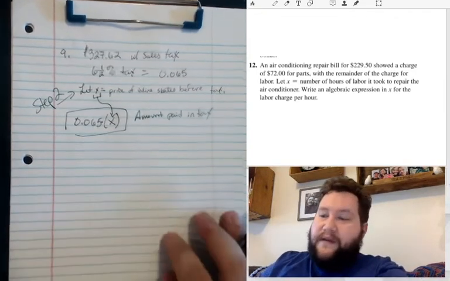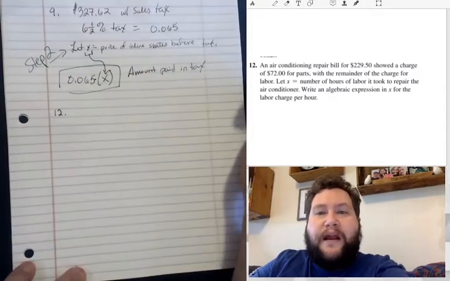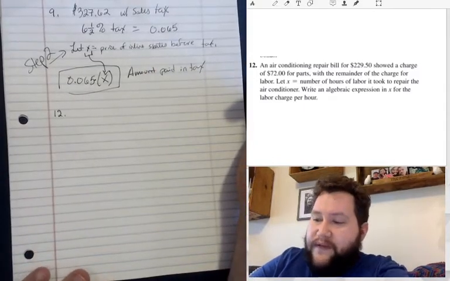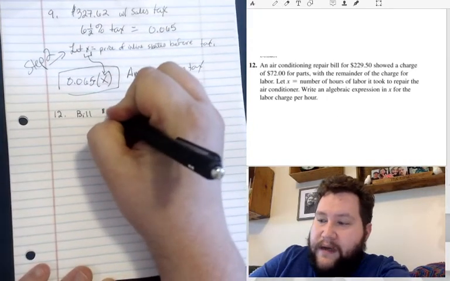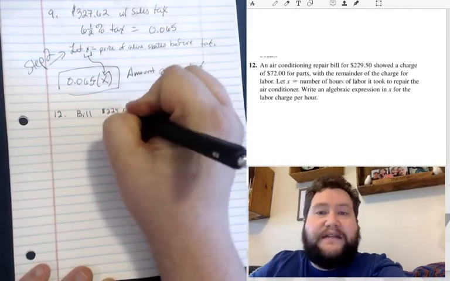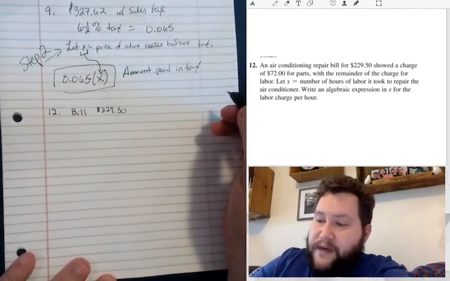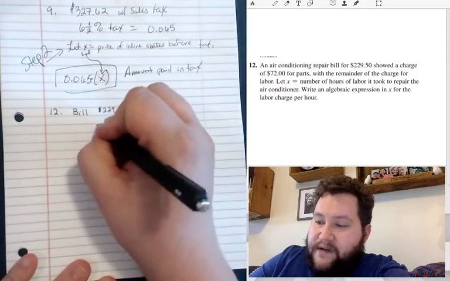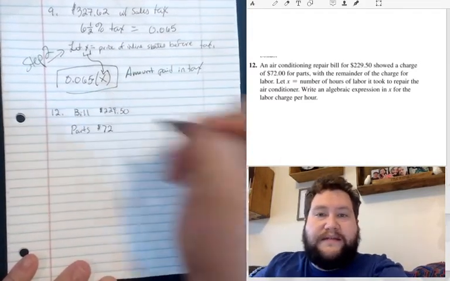Now we have number 12. It says an air conditioning repair bill for $229.50. So our total bill was $229.50. It says it showed a charge of $72 for parts, so we know that $72 for parts, and the rest was labor.